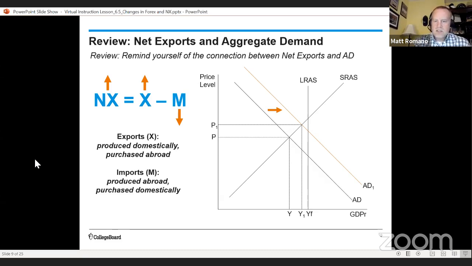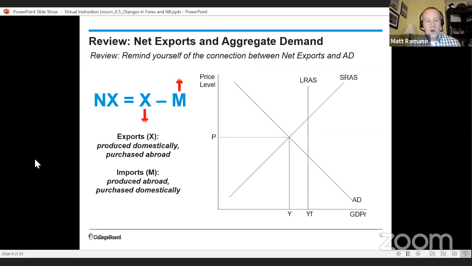That's what that's telling us. AD shifts to the right. And then, of course, we want to make our conclusions. After AD shifts to the right, output is increased from Y to Y1. Price levels increase from P to P1. And because of that short run increase in output, people are getting hired, employment goes up, unemployment's going down. So all those conclusions are going to follow because of that change in net exports.